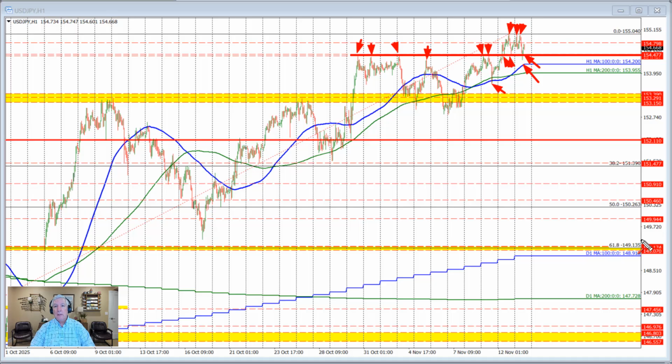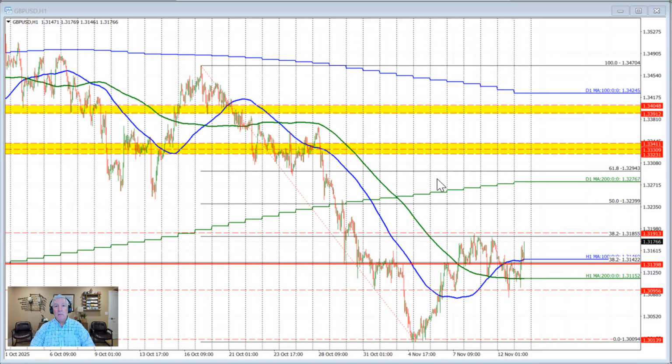Finally, let's take a look at the sterling versus US dollar. Again, we'll focus on the hourly chart. And unlike the euro versus US dollar, which found support against that lower moving average, the 100-hour moving average, the pound versus US dollar fell below both its moving averages in trading yesterday, falling below the 100 and 200-hour moving averages.